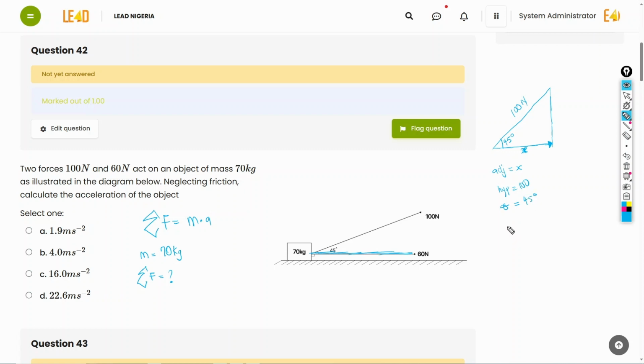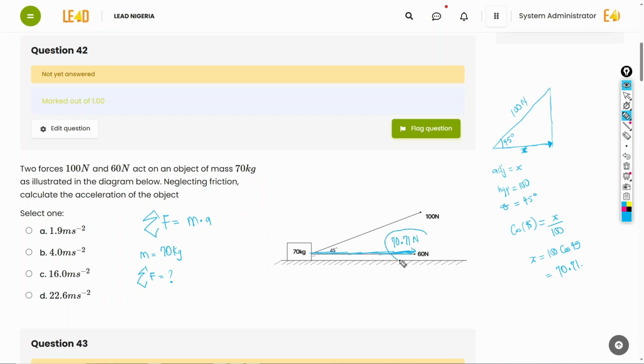So we use cos: cos 45 is equal to adjacent over hypotenuse, which is x over 100. So x is 100 cos 45, which gives 70.71. The component of this 100 that is actually useful in this forward motion is 70.71 newtons.